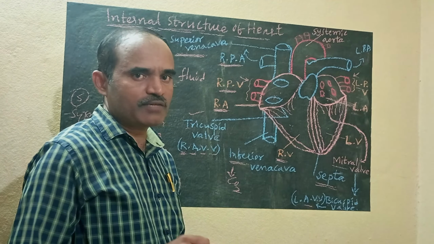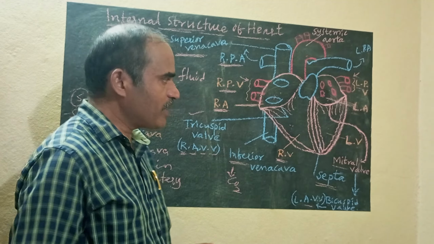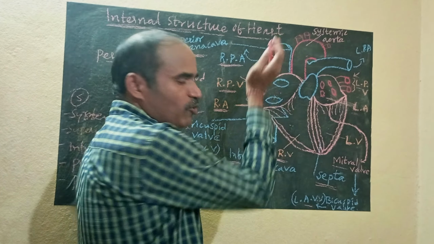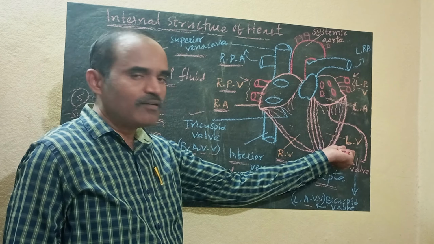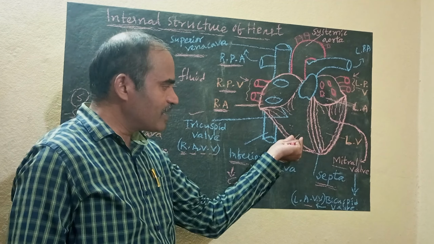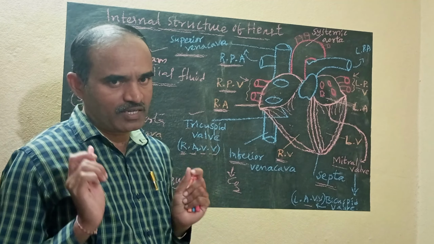Septa is plural, septum is singular. Now the blood is in the lower chambers: left ventricle with oxygenated blood, and right ventricle with deoxygenated blood.